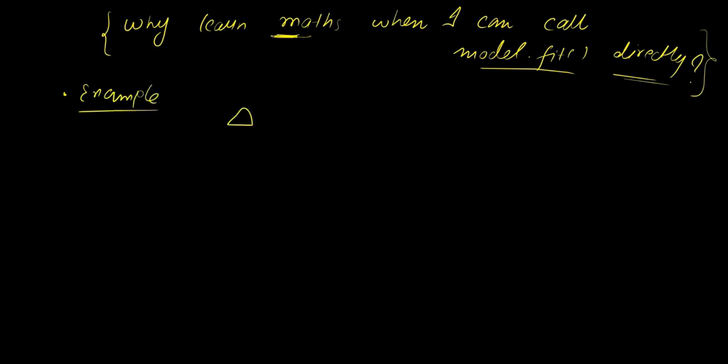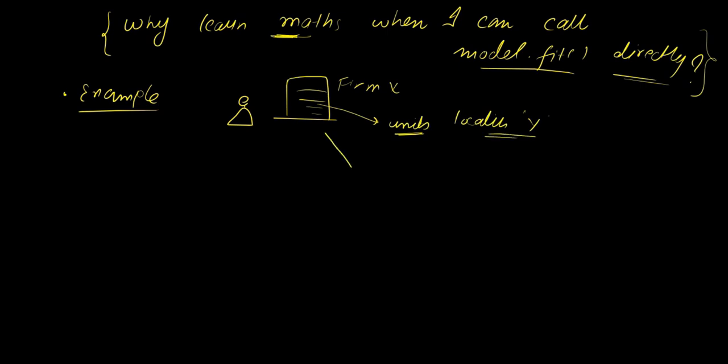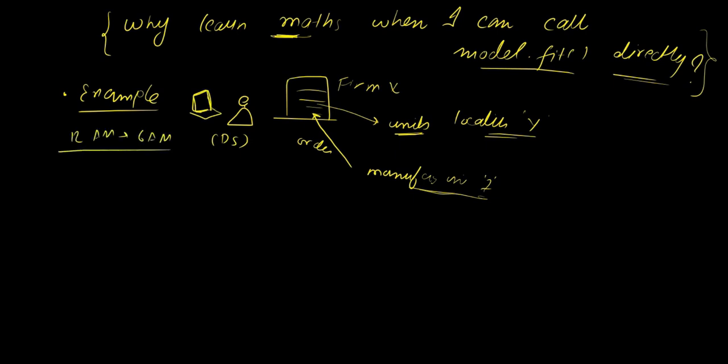Imagine that you are a data scientist working in a very, very big firm X, and your firm supplies some units, any type of products, to some locality Y, and they take the orders from another manufacturing unit Z. This is the scenario, and you are the data scientist, and your code runs every day during the night from 12 a.m. to 6 a.m. And what is your code doing?